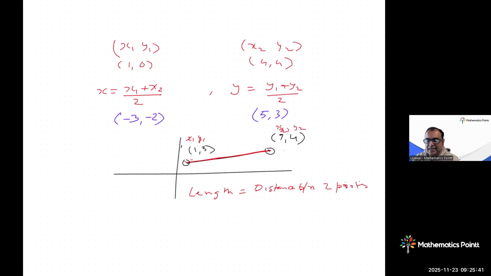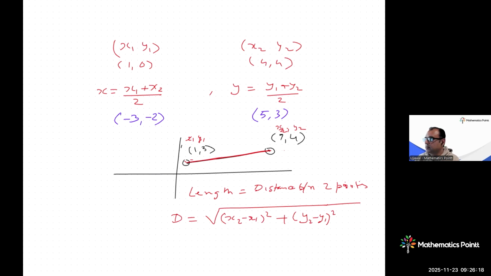I call that distance as C, let's say, or D, whatever you want to call. So the distance D is a square root of x2 minus x1 whole square plus y2 minus y1 whole square. Yes, Laksha, that's a whole square, my dear boy. Okay, that you've got a whole square on top.